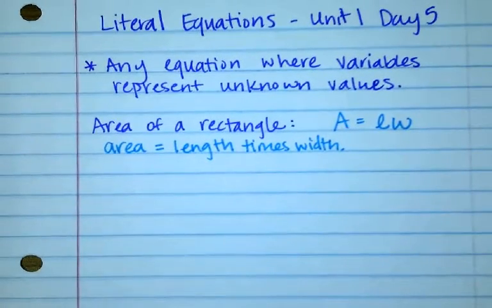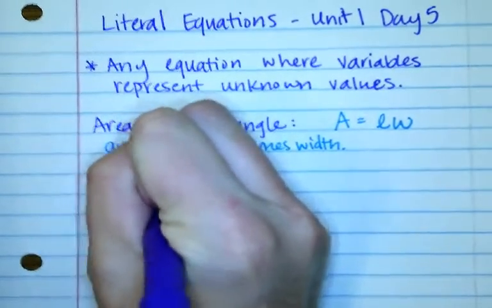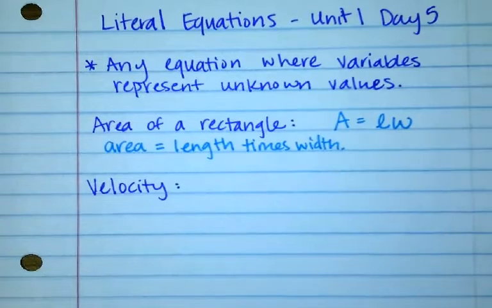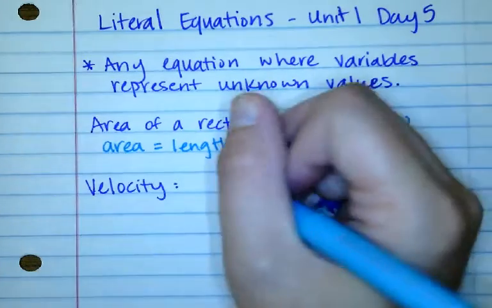Another good one is the velocity formula. The formula for velocity is distance traveled over a period of time. So how I would write that as a formula, I'm going to go over here.